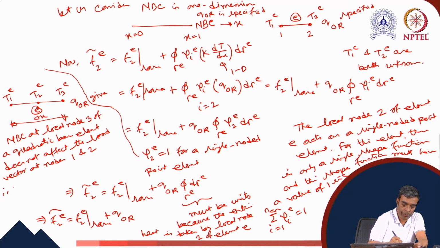Therefore, F1E tilde equals F1E source, F2E tilde equals F2E source, and F3E tilde equals F3E source plus Q0R.